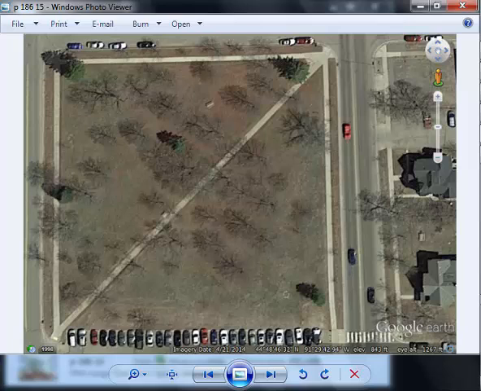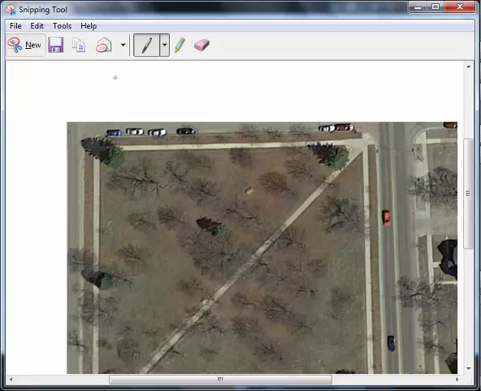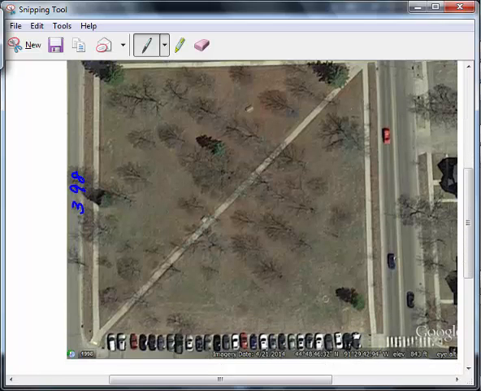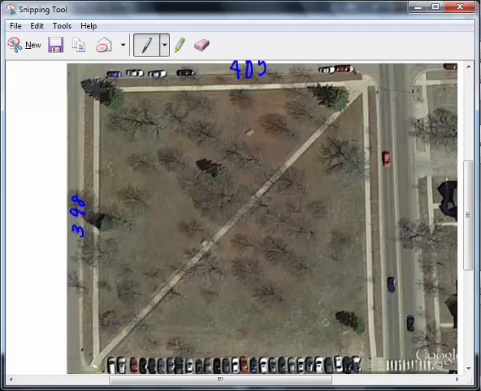we're supposed to find the length of this sidewalk here. So what we have to do, if this right here is 405 feet and this is 398 feet, it's not actually a perfect square. It's a little bit shortened from that.